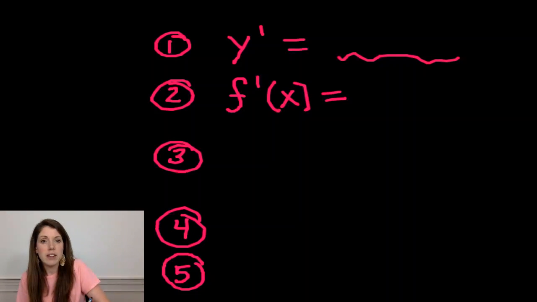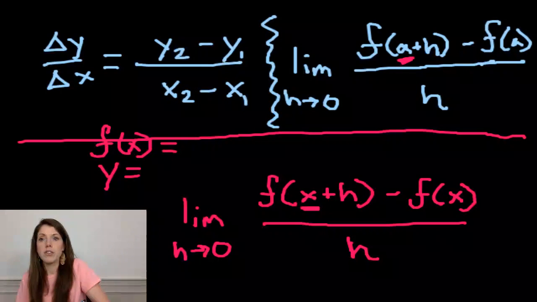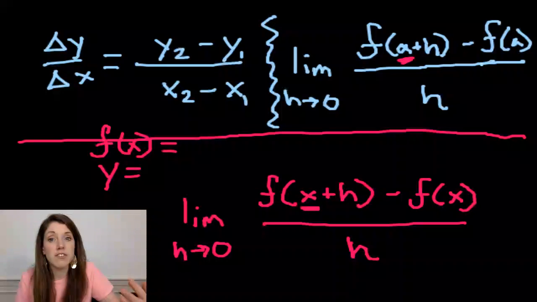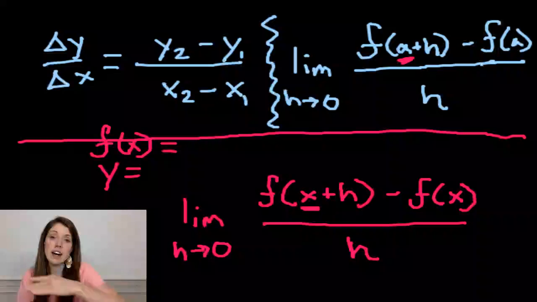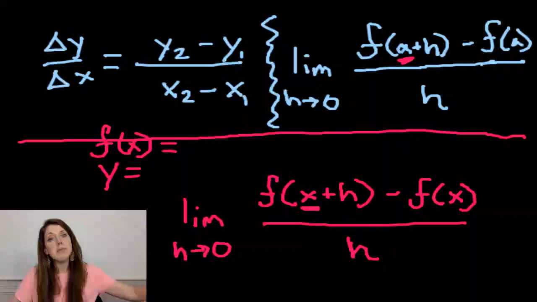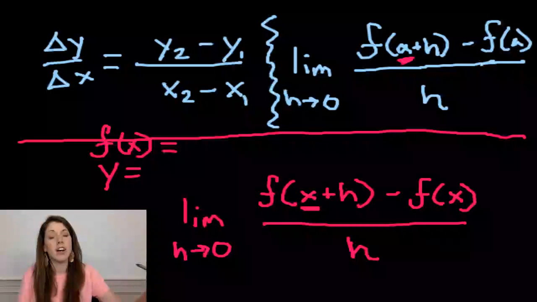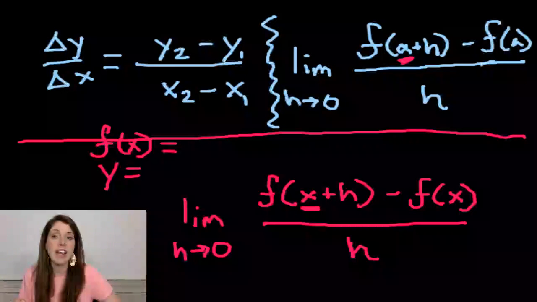So actually, let's go back to our original screen over here. We're using here the function f that we're trying to find the derivative of, meaning trying to find the slope at any point along that function. Not just at one point, but any point along a specific function. What function? Well, in this case, we're going to be really vague and call it f. So what derivative are we finding here?